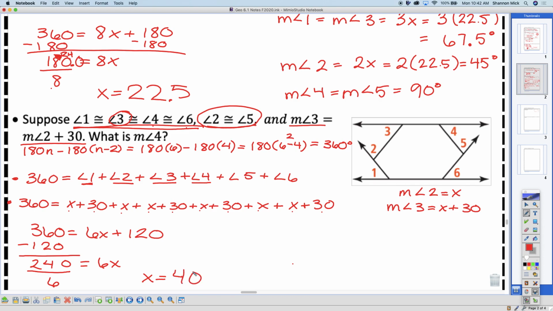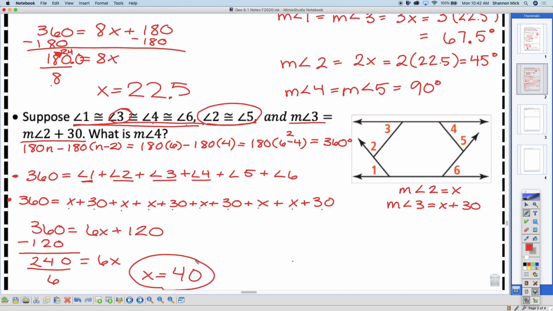So x equals 40, but that's not all, right? Now you have to plug it back in. What's the measure of angle 4? Well, 4 is congruent to 3, yes? So the measure of angle 4 equals x plus 30, and x is 40. So the measure of angle 4 is 70.